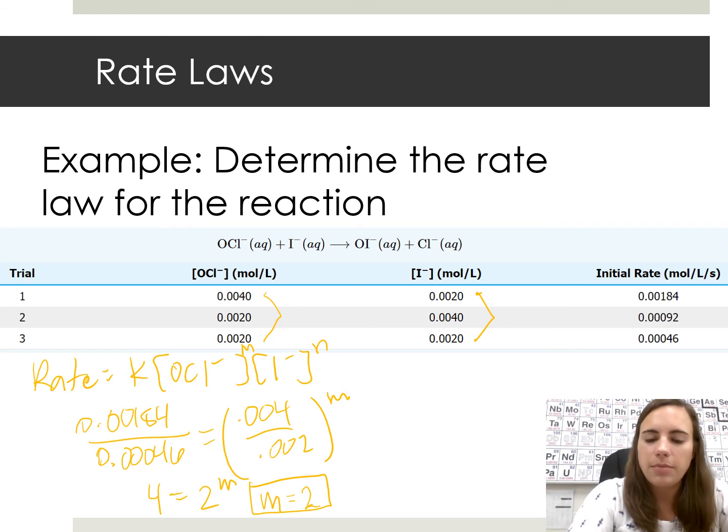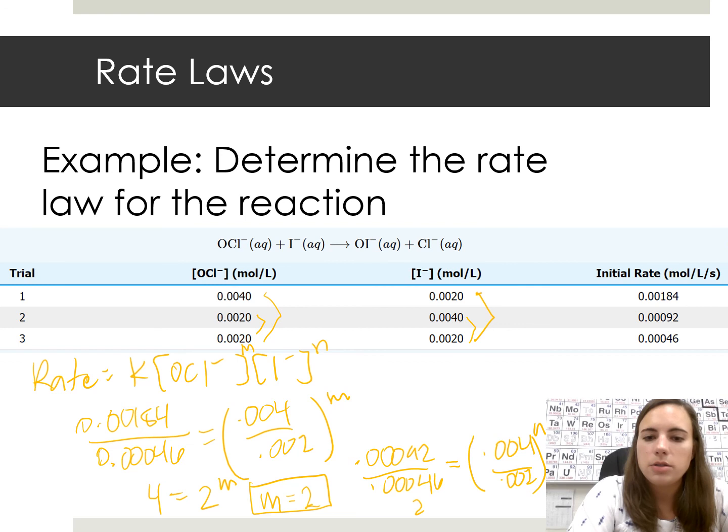So now I'm going to do the same thing for I. If I look here, I changed, but OCl minus stayed the same. So 0.00092 divided by 0.00046 equals 0.004 divided by 0.002 to the n.